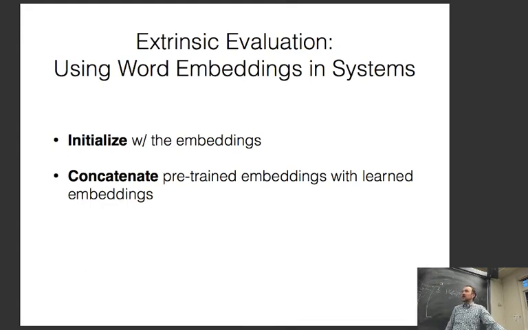Fine-tuning does tend to help, or regularization on the difference does tend to help a little bit, but not a huge amount in my experience. But it's definitely something that you can try. And concatenating adds parameters, but it tends to work better in my experience.